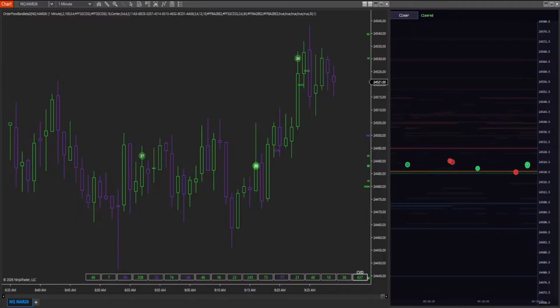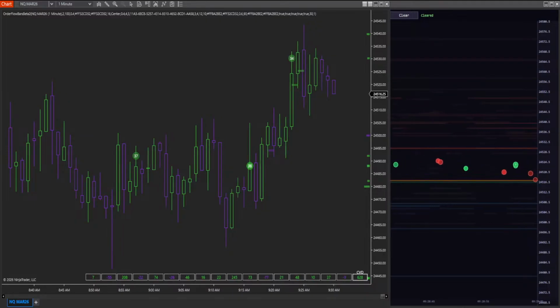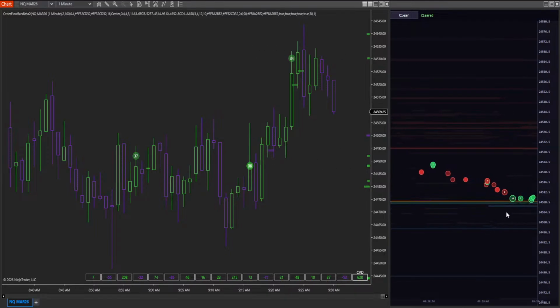But the ATR is very important because right now we're at like 20 ATR, which is pretty reasonable. We got about a few seconds to the open. Let's see what happens. We got some resting orders down here for the bid.